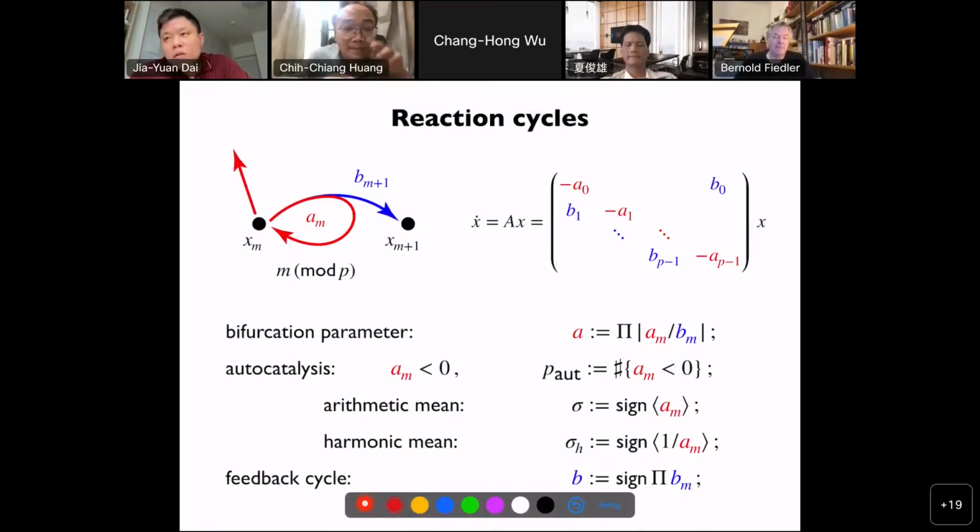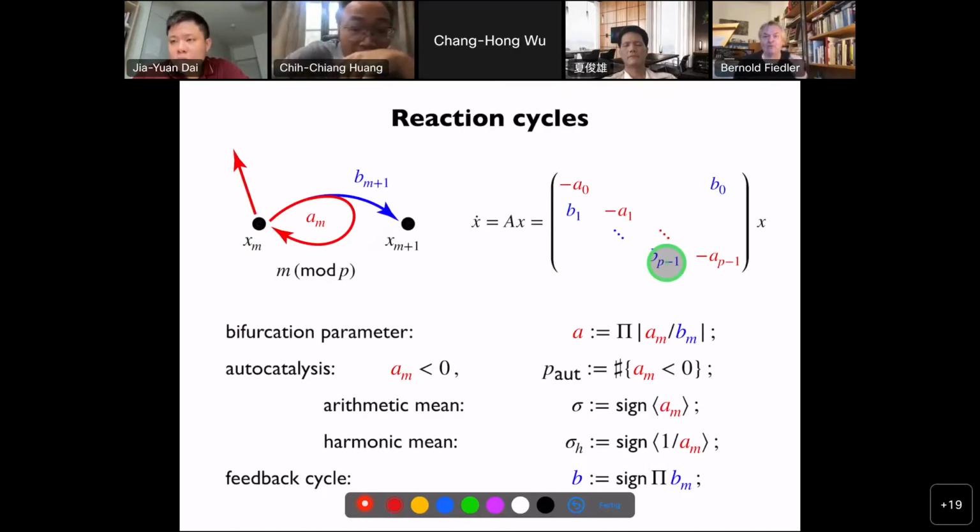And for me, reactions are something with arrows, and here are metabolites. I have already linearized the equation at an equilibrium. And so the reactions leave off-diagonal terms, and I'm always keeping track of the diagonal terms. And this B0, B1, up to BP minus 1, I can enumerate in such a way to form a P cycle.